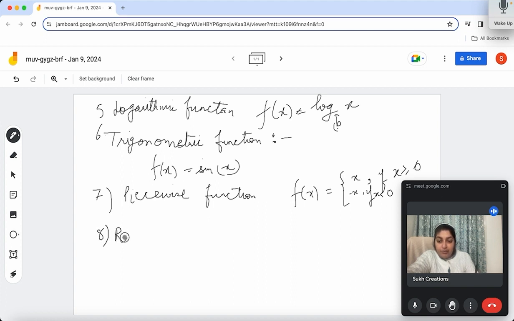Next is rational function. Rational functions are the ratio of polynomials, so we can define them as f(x) equal to p(x) by q(x), where p(x) and q(x) are both polynomials.